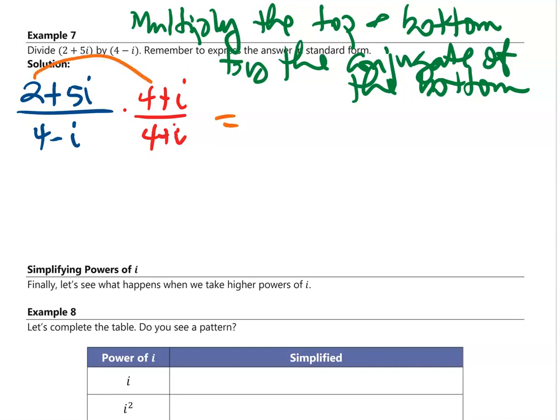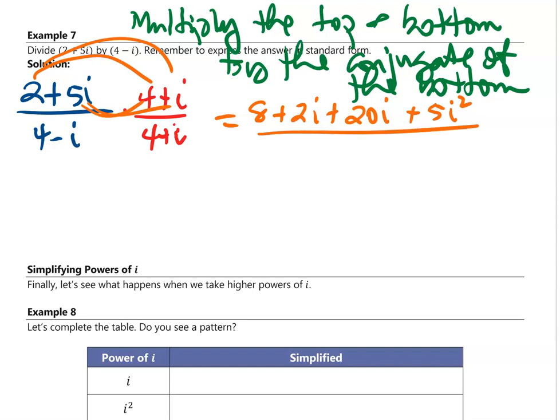So 2 times 4 is 8. 2 times i is 2i. 5i times 4 is 20i. 5i times i is 5i squared. All over 4 times 4 is 16. And negative i times positive i is negative i squared.